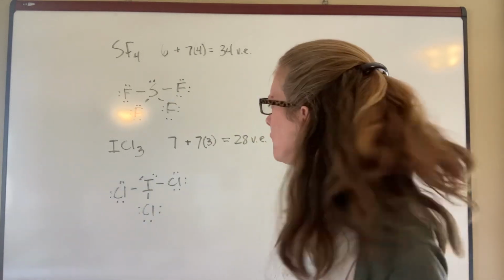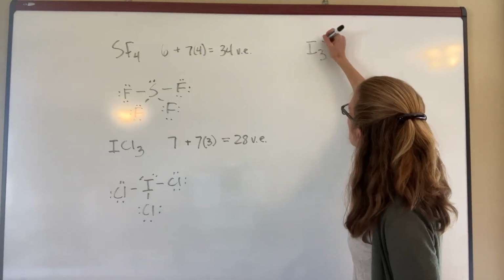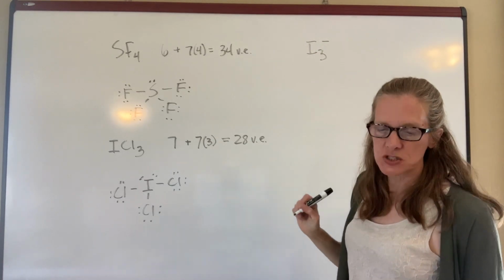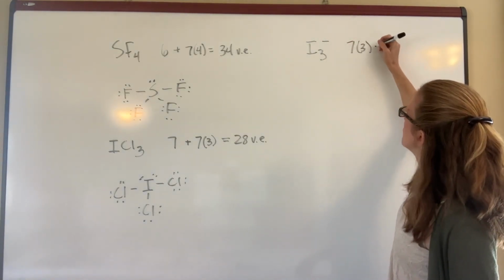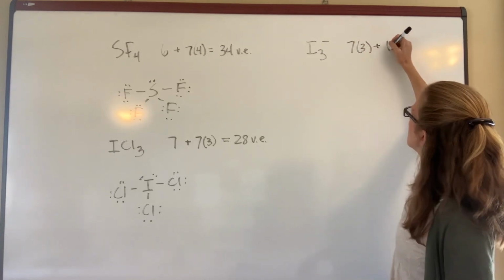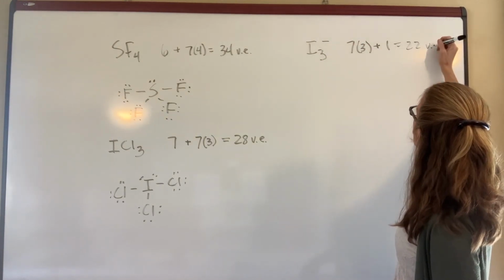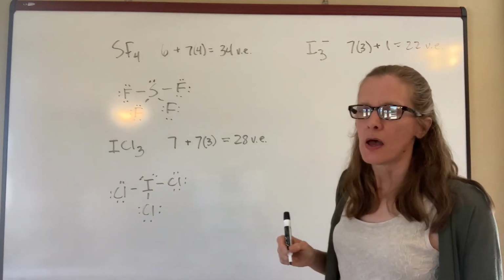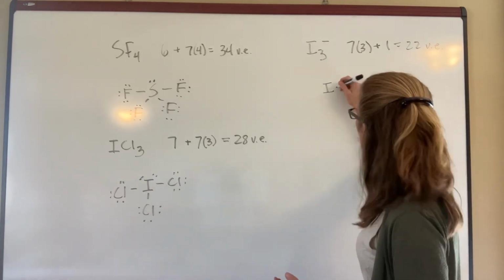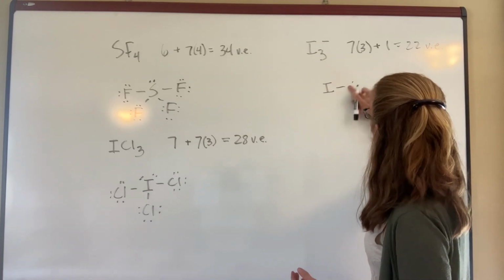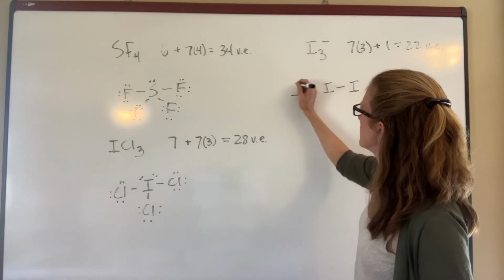And then finally, he does I3 minus as his 4th example. Each iodine has 7, there are 3 of them, and I have this extra electron because of the ion, so that's going to give me 22 valence electrons. The only choice I have here is really to have 1 iodine as my central atom, and then join the other 2 iodines to it.